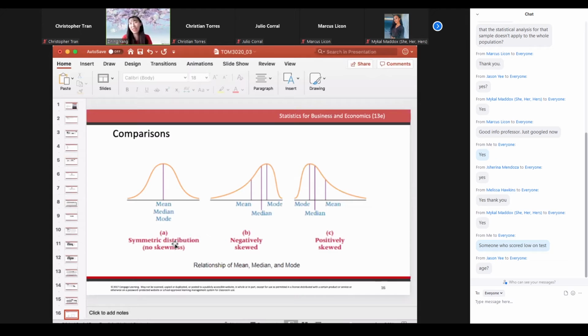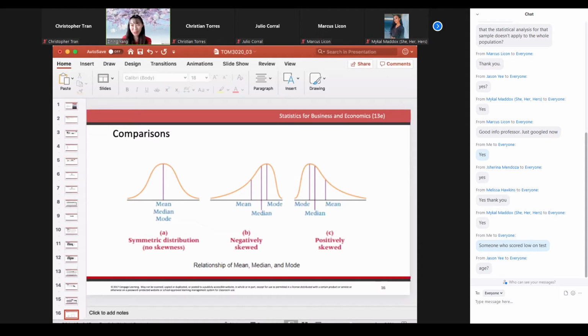So yes, age is a good example. A lot of societies have a relatively symmetric age distribution. Some societies, like European countries or Japan, have slightly more of a senior population. But that's only certain societies. Thank you, Jason, for the example.